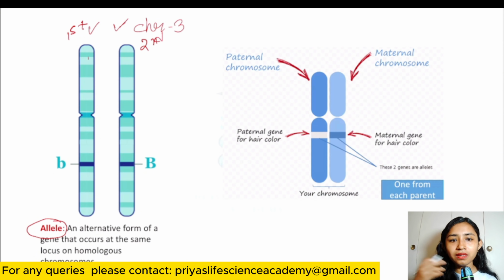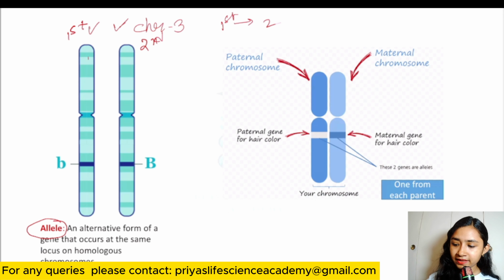We know we have two copies of each chromosome. Like we have a total of 46 chromosomes. That means haploid it is 23. So 23 plus 23, 46. Like first chromosome we have 2 copies, second chromosome we have 2 copies.